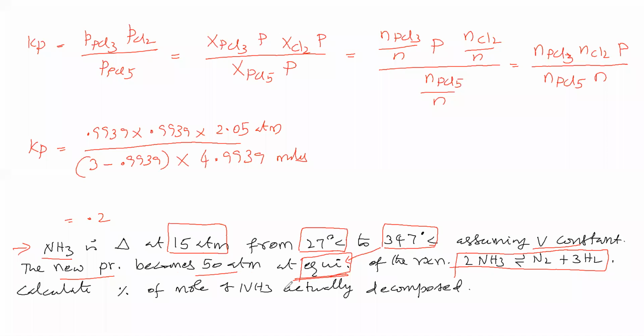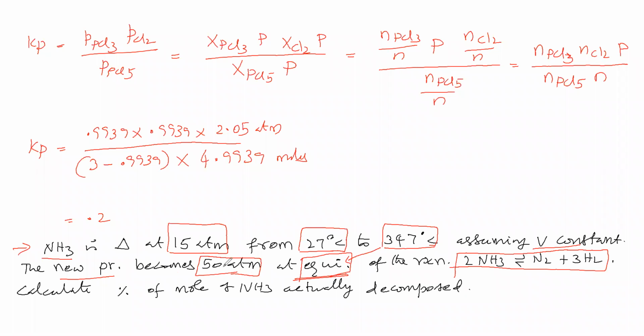Now here given is the new pressure becomes 50 atmosphere at equilibrium. So which pressure is this 50 atmosphere? That is the total pressure at equilibrium.